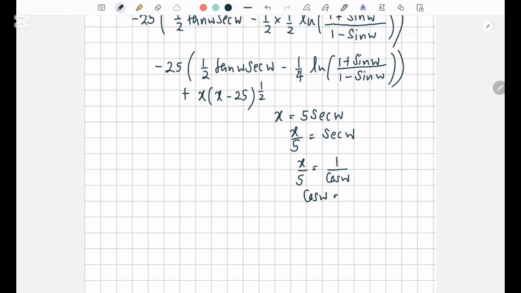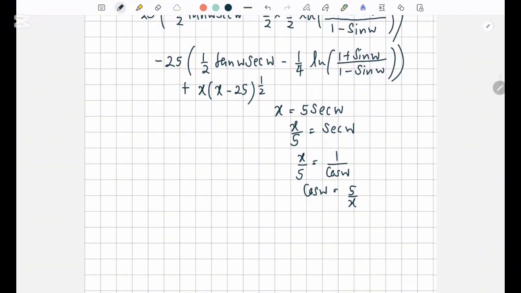Cos w equals 5 over x, right? So if cos w equals 5 over x, this is your adjacent side and this is your hypotenuse. To find the opposite side, it would be the square root of x squared minus 25. This is your opposite side.